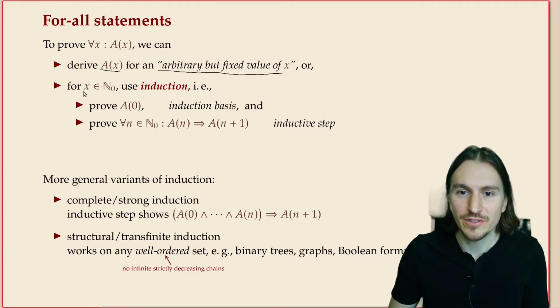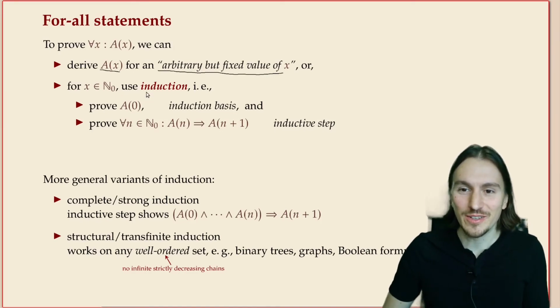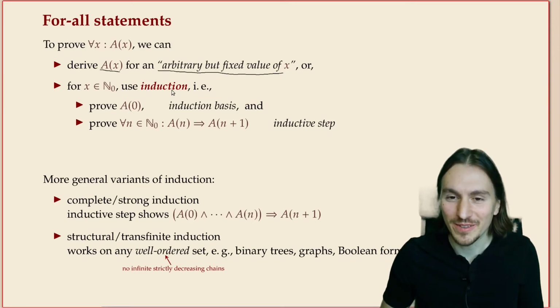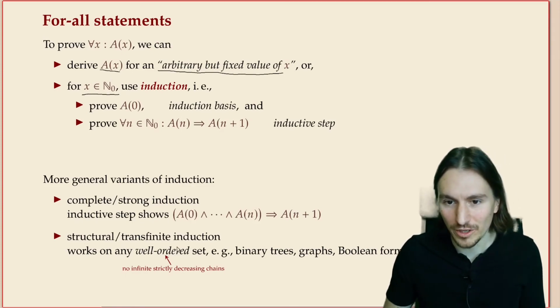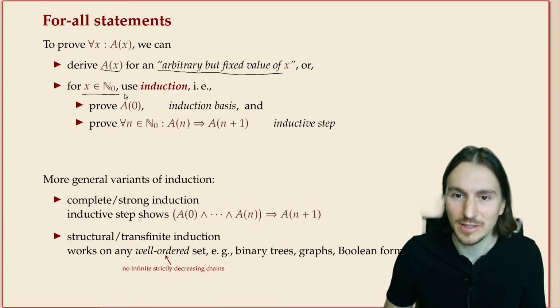The other option is you use an inductive proof, and that's the new thing, so pay attention here. You prove two things. This is only possible if the range for x is the natural numbers, or it can be slightly generalized, but here let's pick natural numbers.